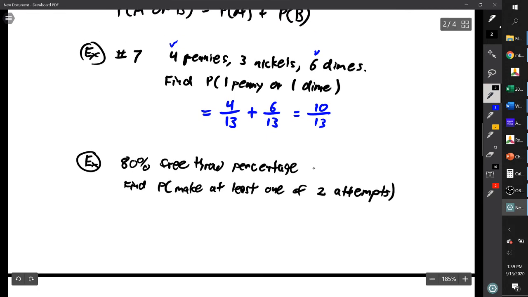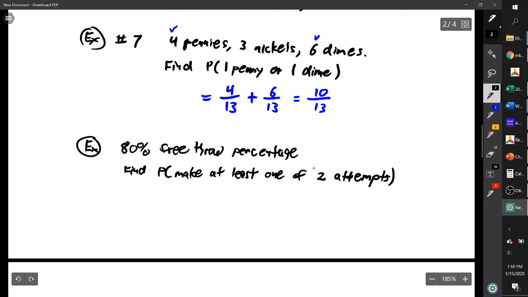Now here's what it can be easy to do. Let's just say that instead of finding the probability of making at least 1, we're asked what's the probability that the person takes 2 free throws and they make 1 of them. And it's tempting to be like, oh, well, there's an 80% chance that the person makes the first free throw.